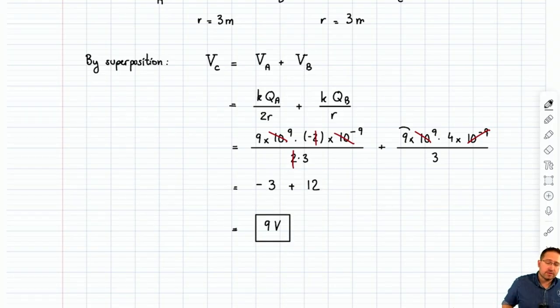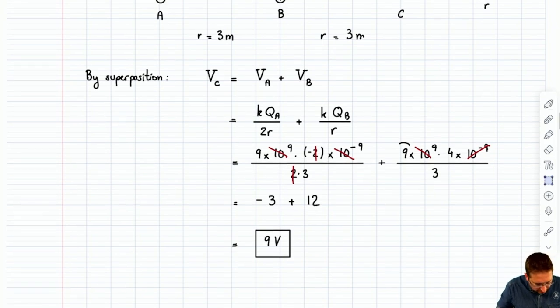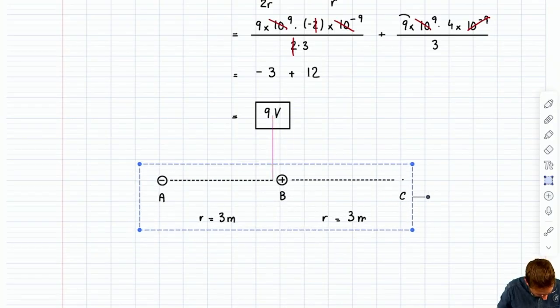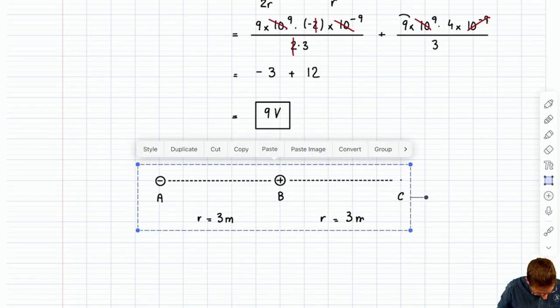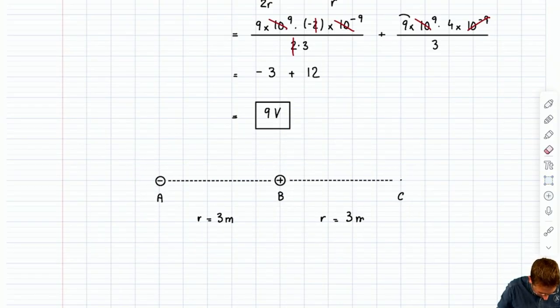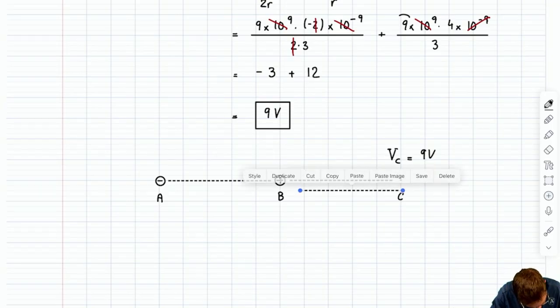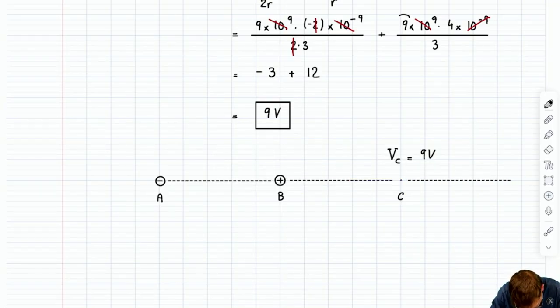That's the value. Okay. So that's the electric potential at point C. All right, so VC is 9 volts. And we're told that infinitely far away, V infinity, is 0.